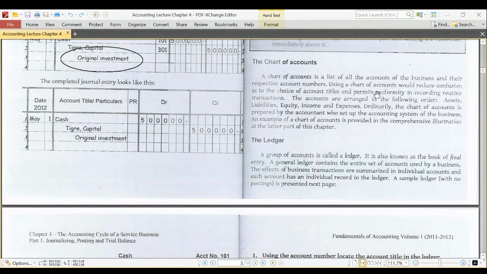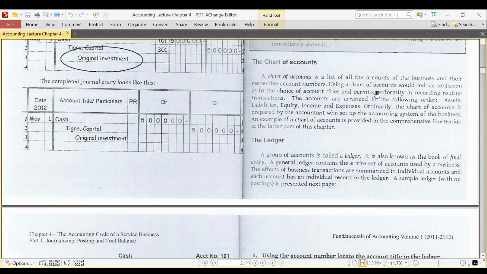Si manufacturing company, meron siyang finished goods. Si realty company wala siyang finished goods kasi hindi siya nagma-manufacture. So for each company, the chart of accounts varies because it depends on the industry, it depends on the needs of the company.